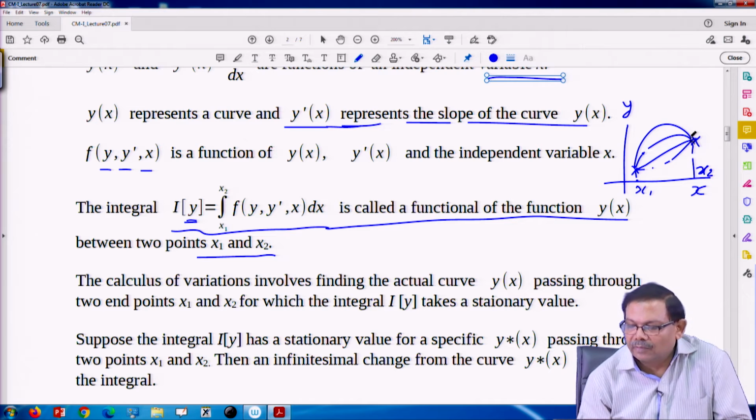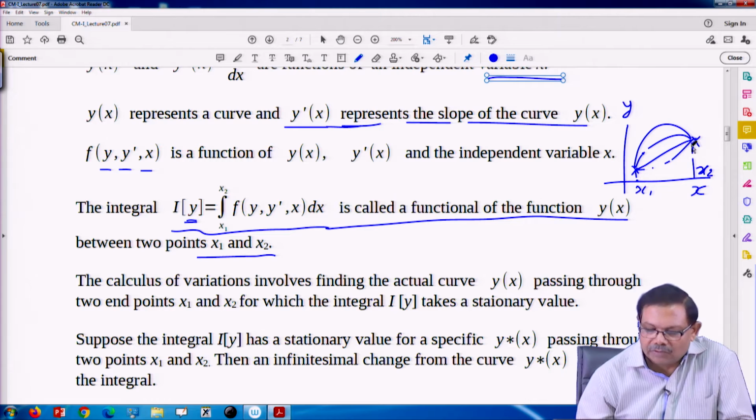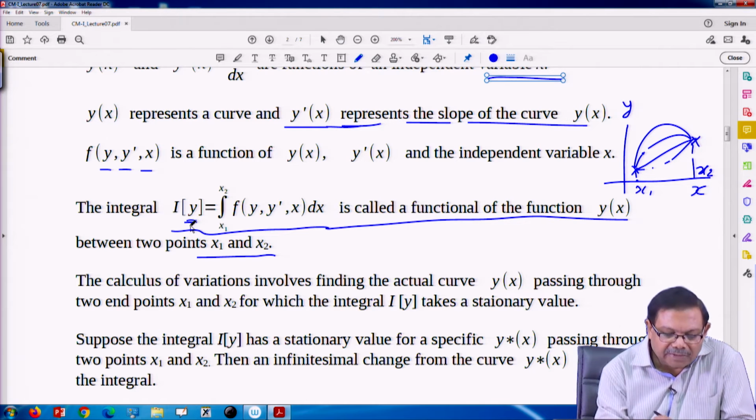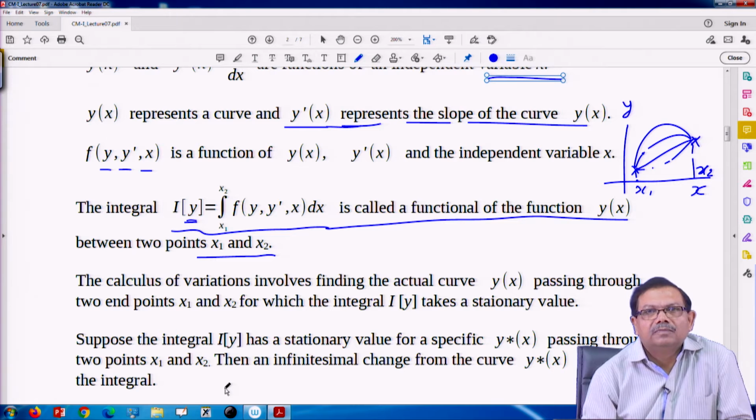The question is, which of these possible curves, which all pass through x 1 and x 2, will make this integral either a minimum or a maximum, or give it some stationary value.